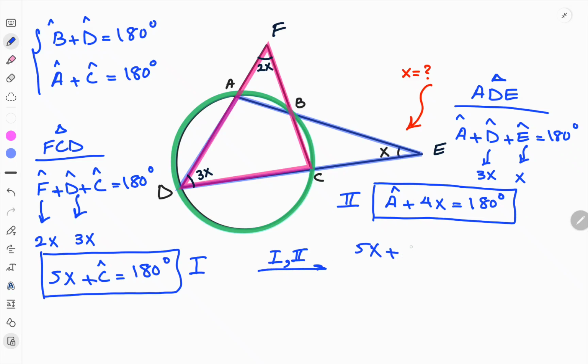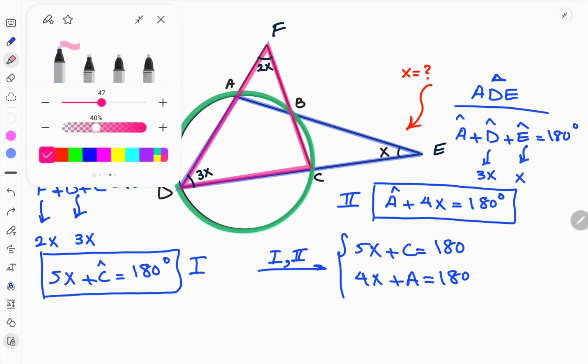So 5x plus C and 4x plus A equal 180. But we have two equations with three variables, x, C, and A, and it's impossible to solve this system of equations. What can I do?